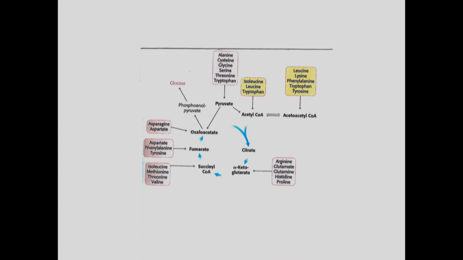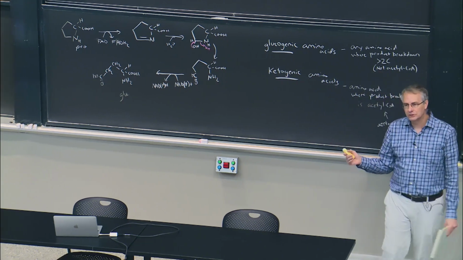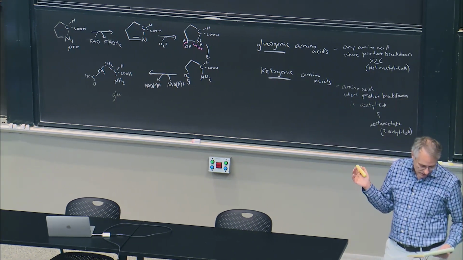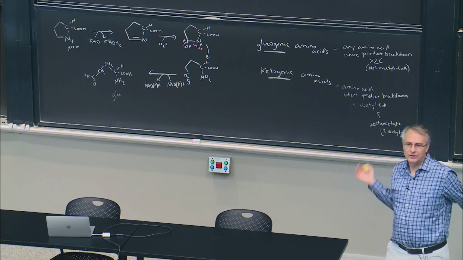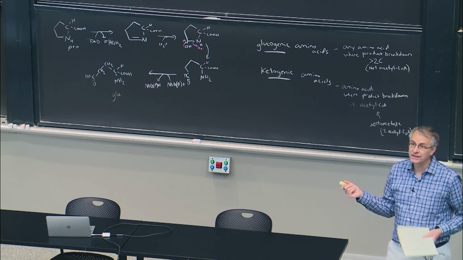All right? Now, as I said before, we don't have time to go through how to break down all of the amino acids, okay, but I will take you through how you break down the 3 branched chain amino acids. I will do that because, first of all, it will illustrate that you already know a lot about metabolism. You'll see that how these are broken down is just variations on pathways that we've already discussed.